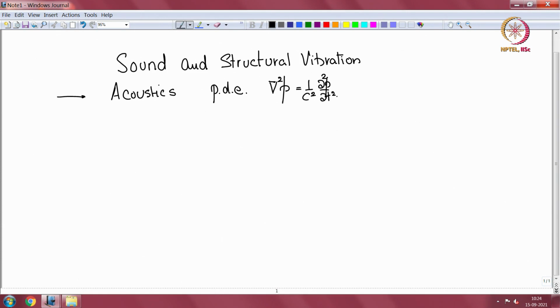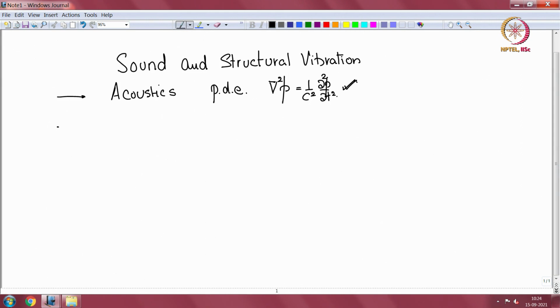Once the sound has been made and it is available in the medium, it is governed by this partial differential equation in various geometries. This is studied in courses which are pure acoustics.